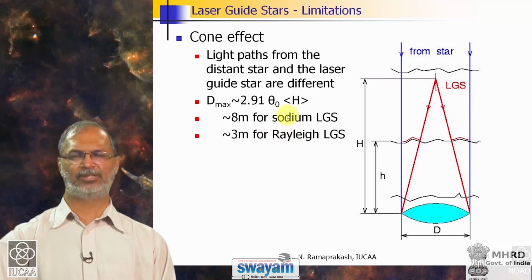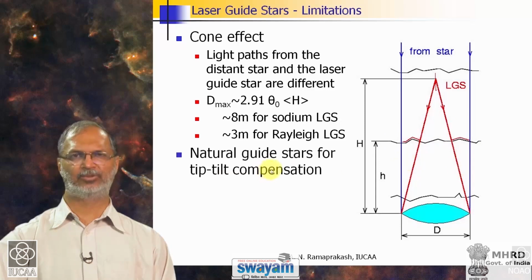It gives a reasonably good atmospheric compensation. For a smaller telescope like a 3 meter diameter telescope, the laser need not be that high, it can be even 10 kilometers in altitude, and the cone sufficiently fills the circular aperture, and the atmospheric compensation can be good enough.